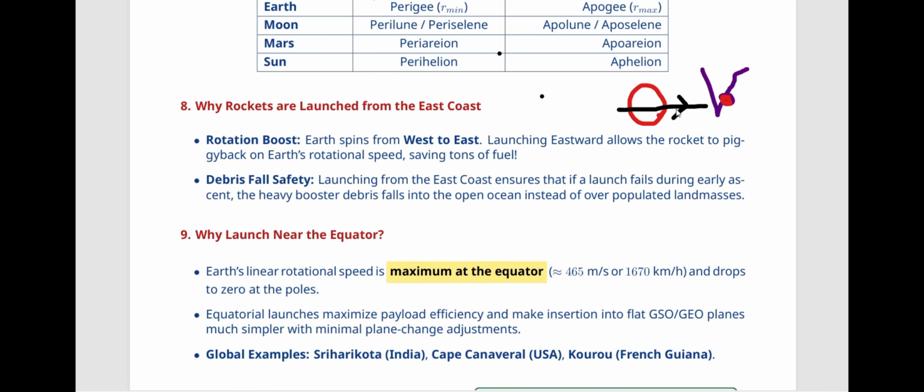If we launch from here in the same direction, it helps the launch vehicle very easily, because the Earth's rotation and our launching direction are both from west to east. I think you got it; when you read this, you can get clarity.